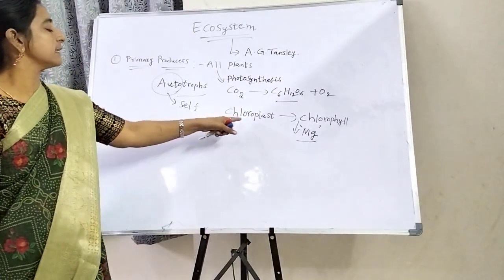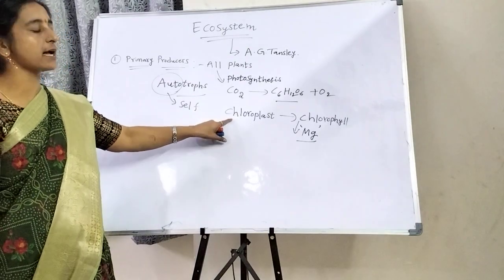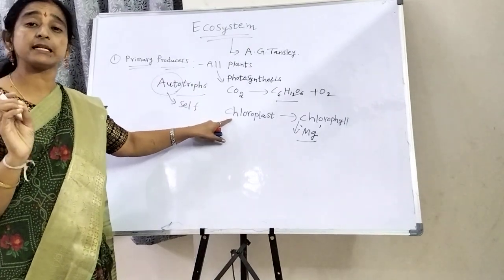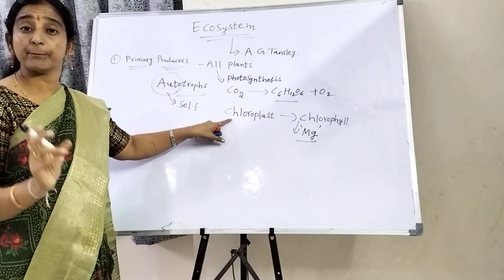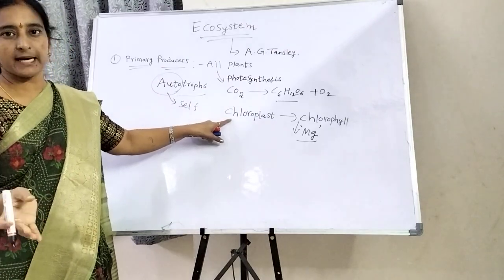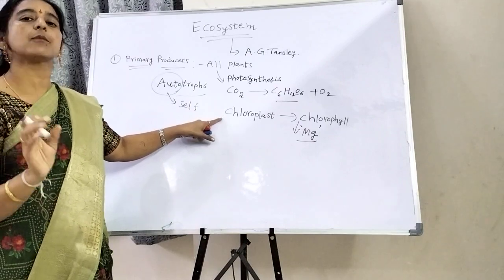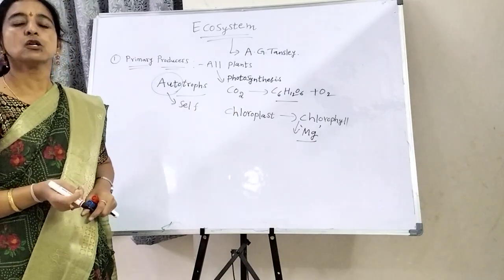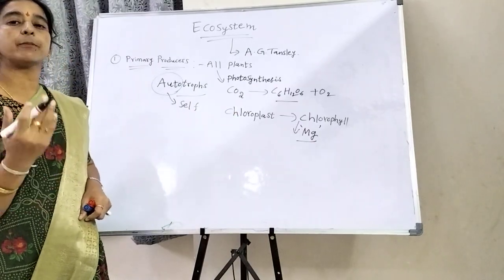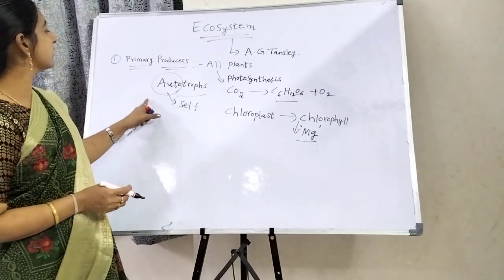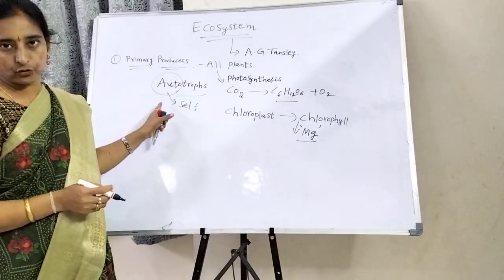These chloroplasts sometimes also contain some blue-green algae-like bacteria, with a small amount of chlorophyll, so they also prepare their own food. That is why they are known as autotrophs.